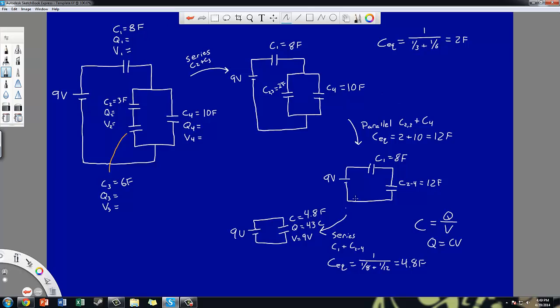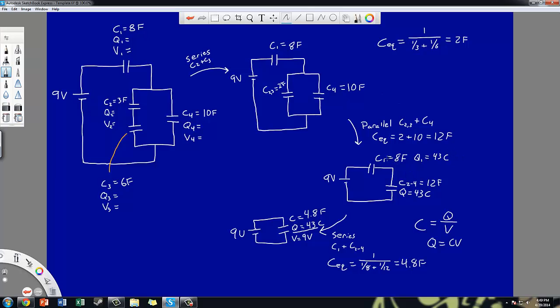Because in this case, what I did to end up with one final capacitor was I combined 2 capacitors in series. And as we know, in series, capacitors all have the same charge, which means that what I can bring back with me is this charge value, 43 coulombs. And so I know that these 2 capacitors each had a charge of 43 coulombs. So C1 has a charge of 43 coulombs.